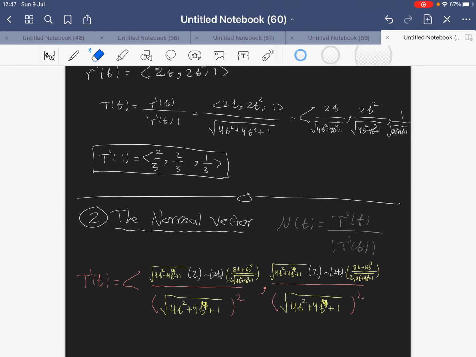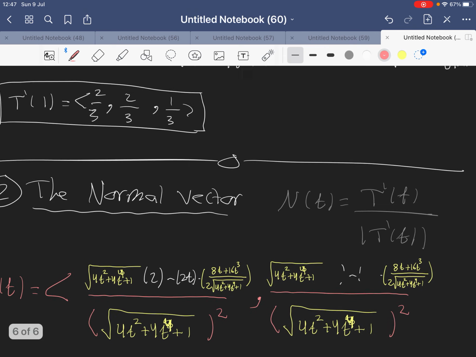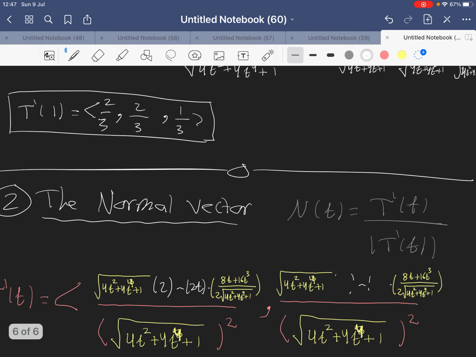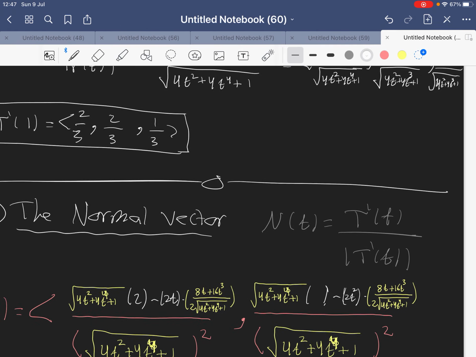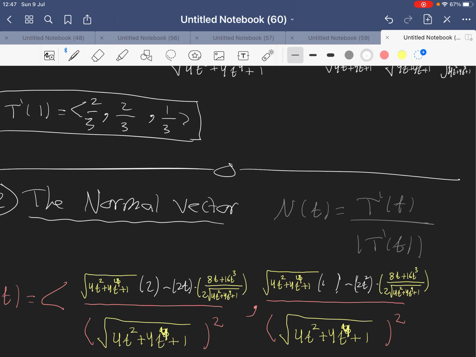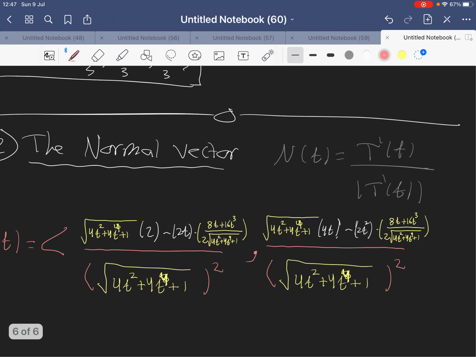First of all, this and this have to change. So this one will be 2t squared. And then I take the derivative, which would be 4t. And do the same thing for the third one.